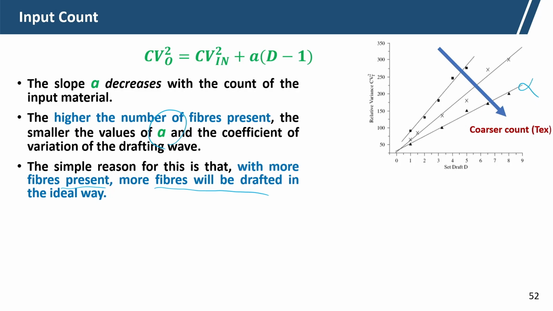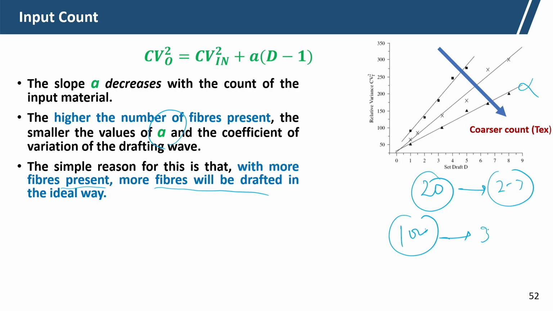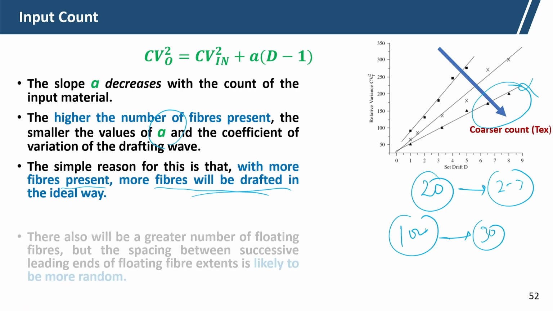Suppose there are 20 fibers, only 2 or 3 fibers will move in the ideal fashion. But if there are 100 fibers, maybe 30 to 40 fibers will move in the ideal manner. That is why the drafting wave, the CV% or irregularity, is reduced.